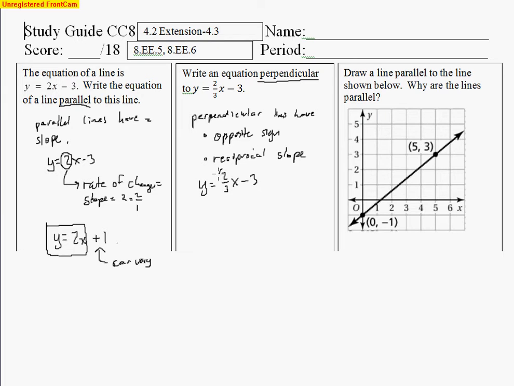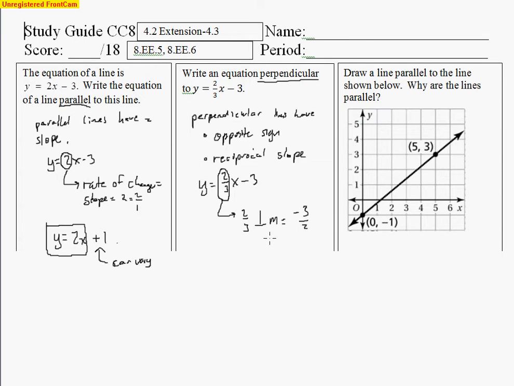So again, what changes x every time? 2/3. We always divide by 3, multiply by 2. So what that means is that my slope is 2/3. I need the opposite sign. So my perpendicular slope, and here's my symbol for perpendicular, M stands for slope, is going to be the opposite sign and reciprocal.